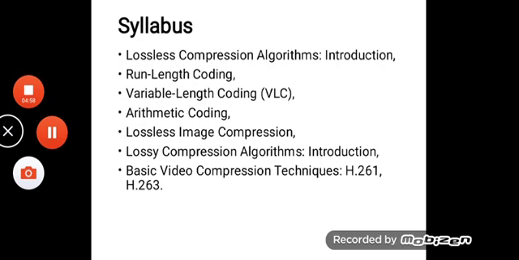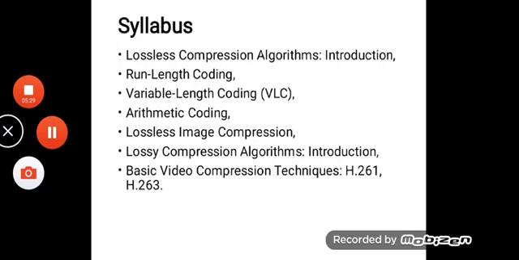So we will start with lossless image compression, and then we'll go ahead with the lossy compression algorithms, in which we'll study only the introductory part. Finally we'll be covering the basic video compression techniques, in which H.261 and H.263 are there. So this is the overall content of the syllabus that we will be covering.